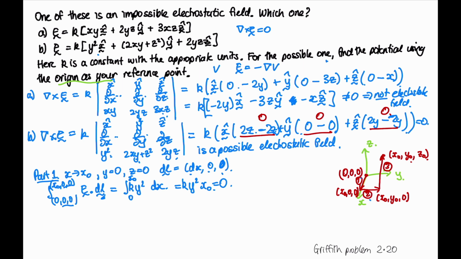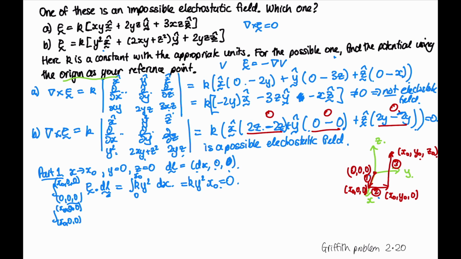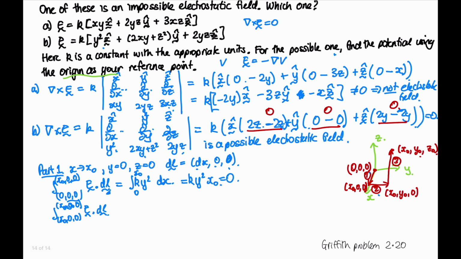Now we want to do this second part. So now we are going from x naught, 0, 0 to x naught, y naught, 0 and E dot dl again. But along this second part here, dx is equal to 0 and dz is equal to 0. It's only dy which is going to contribute.